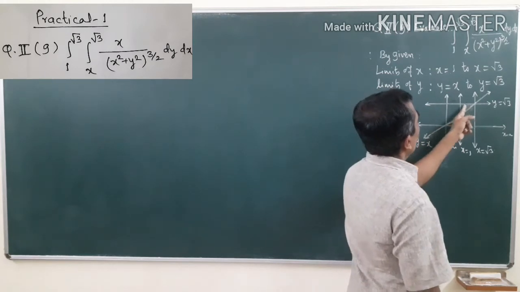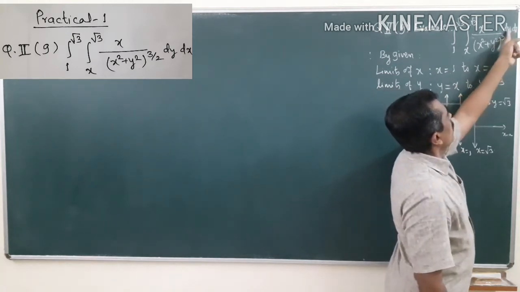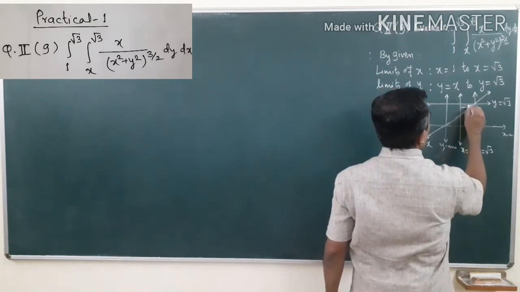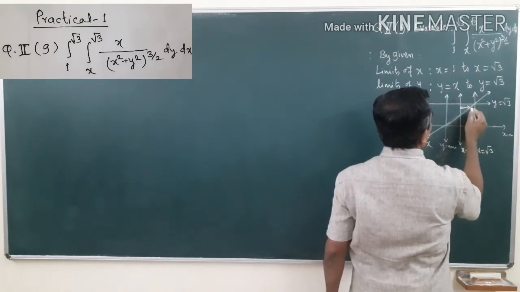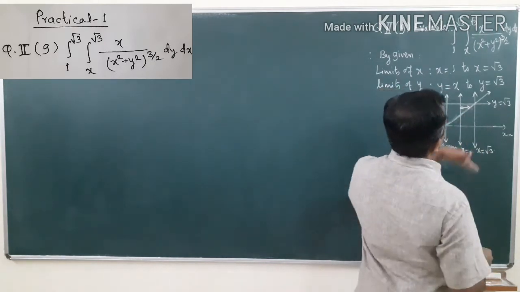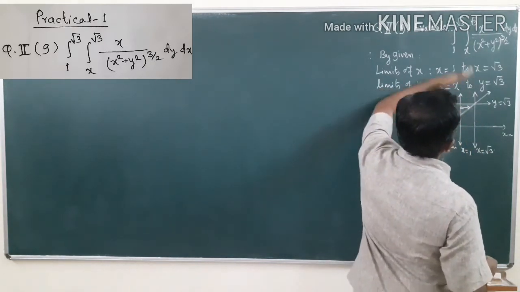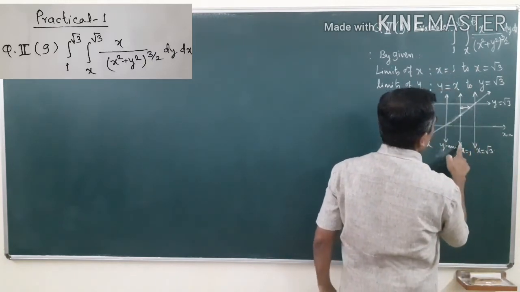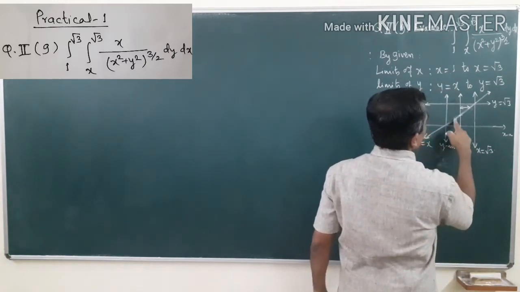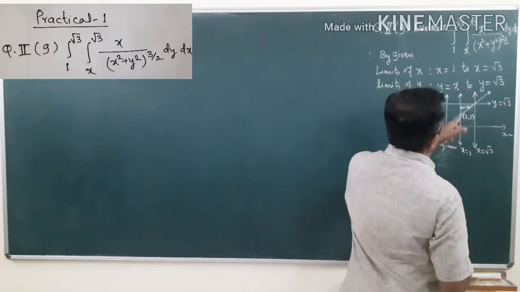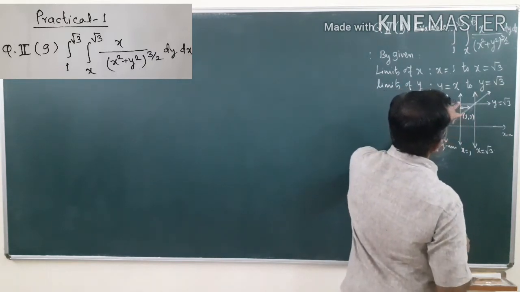Now, you want to make the integral with respect to x first. So, again you have to take a line or a strip parallel to x axis and move it along in the direction of y axis. Now, what are the coordinates of this point? This is x is equal to 1 and this is the line y is equal to x. So, y and x are same. So, this point is 1 comma 1. So, here is y 1 and here is y root 3.